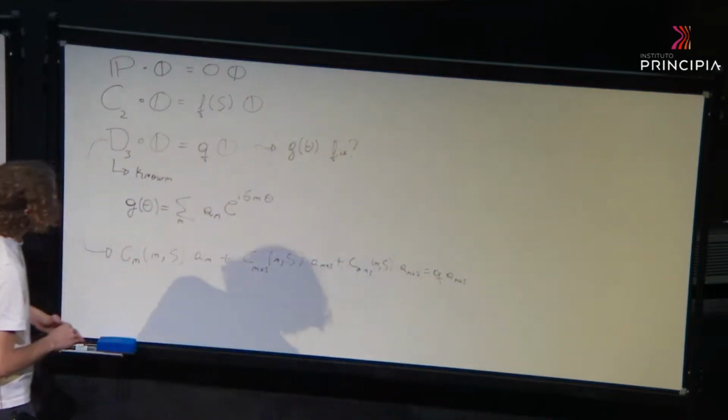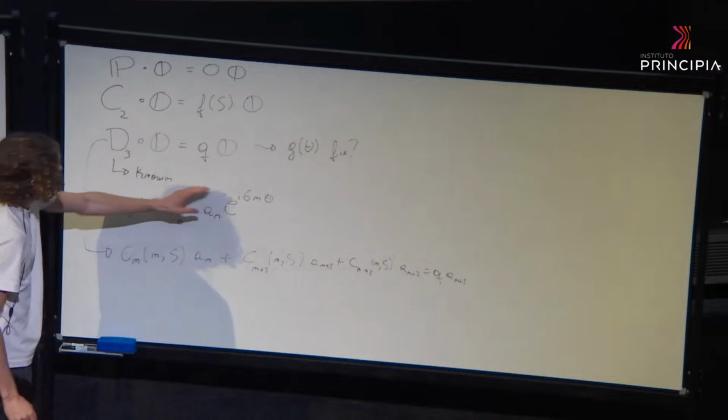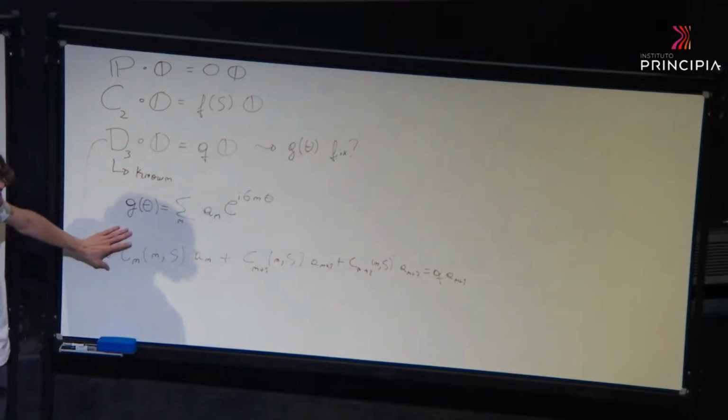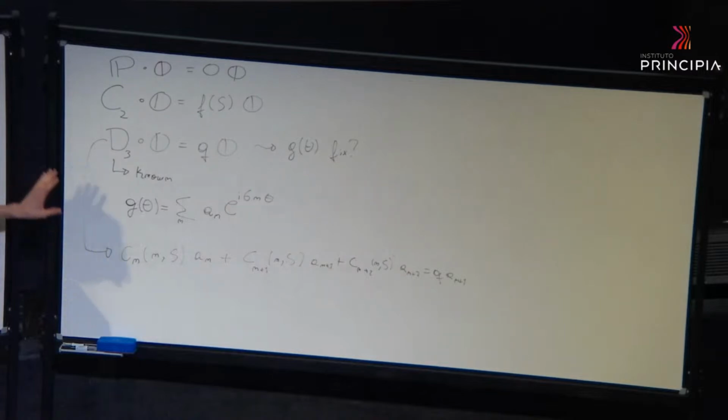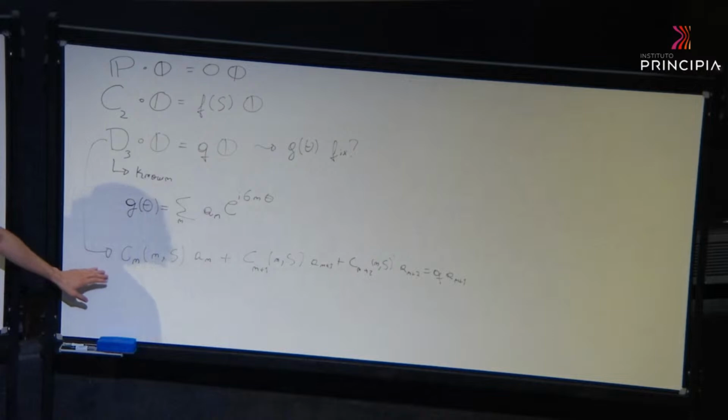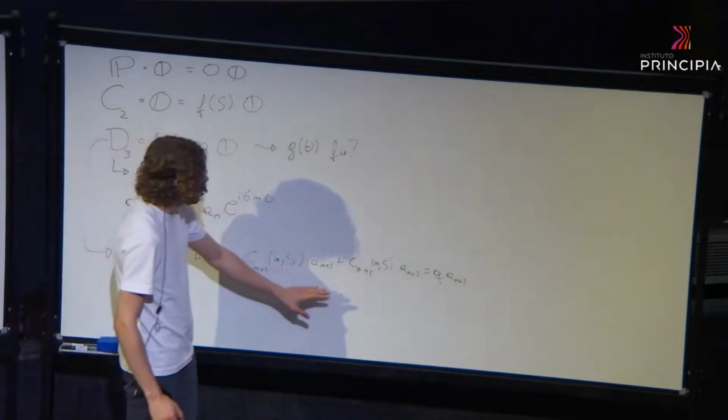It was crucial here to use these discrete symmetries. Otherwise, this would be a 13-term recursion relation. So because of discrete symmetries, we reduced to a 3-term recursion. And the C coefficients of the recursion are some simple polynomials in n and s.